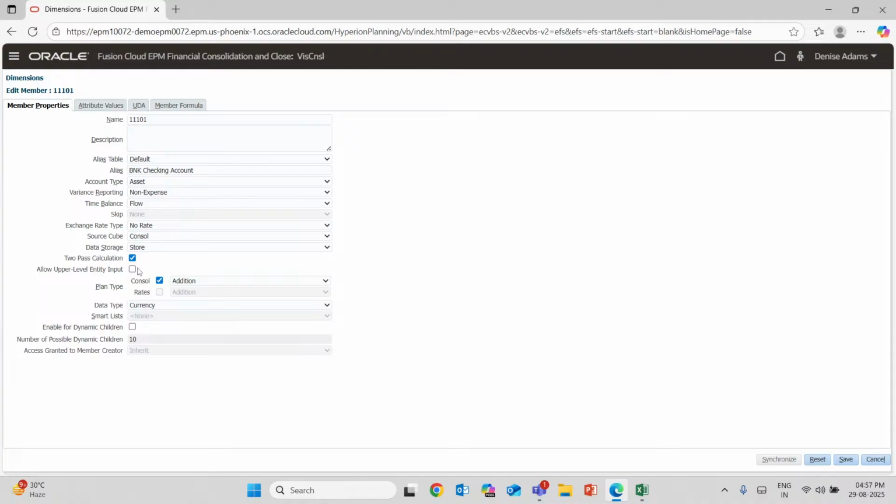Now, allow upper level entity input: the users can input the data directly into the parent level entity, even though those entities are typically consolidated data from the child entities.